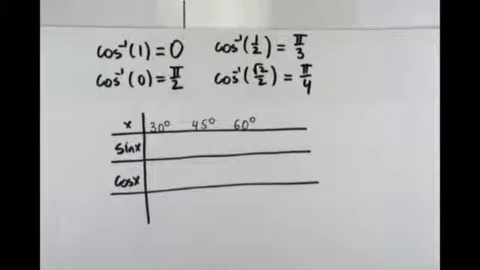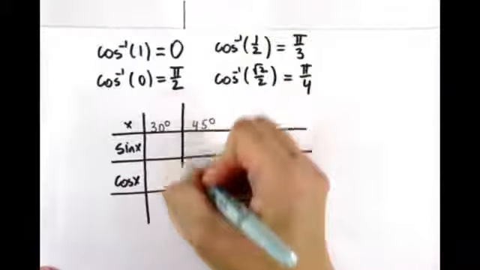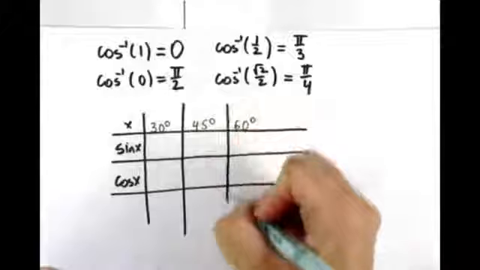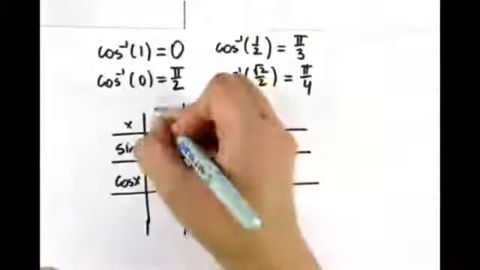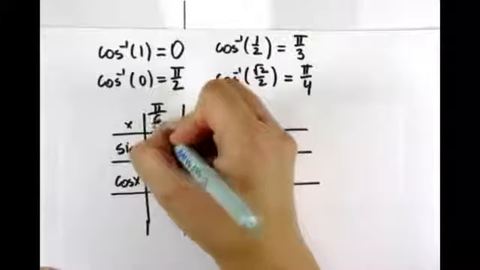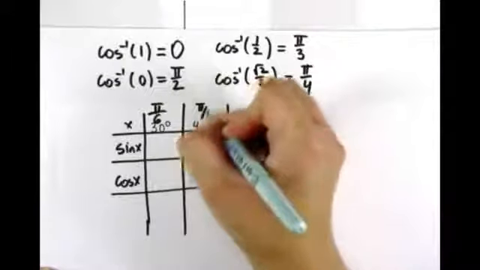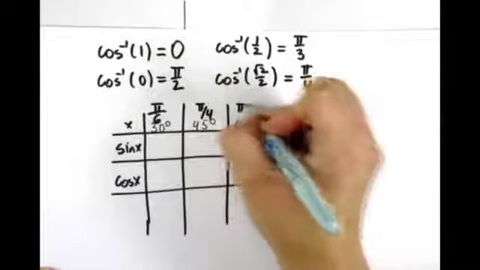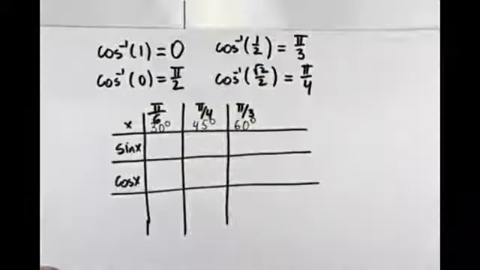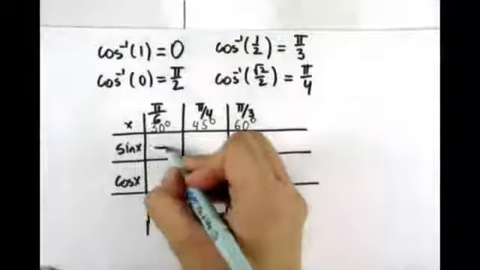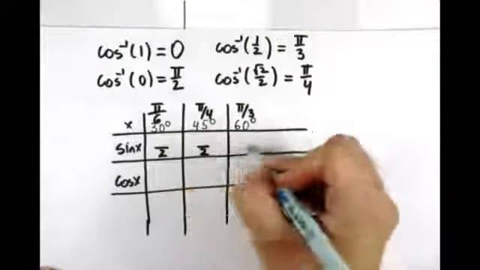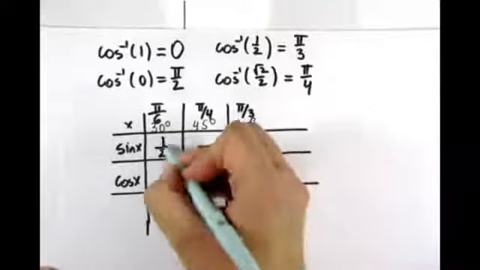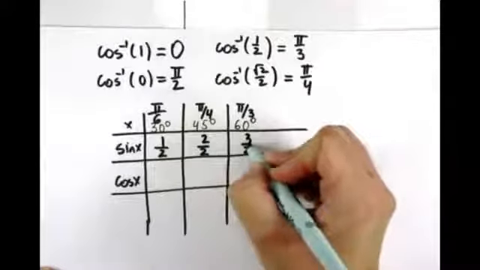But we need to do this in terms of pi. So this one is pi over 6, pi over 4, and this one is pi over 3. Okay, so it was over 2, over 2, over 2, and on top was 1, 2, and 3.